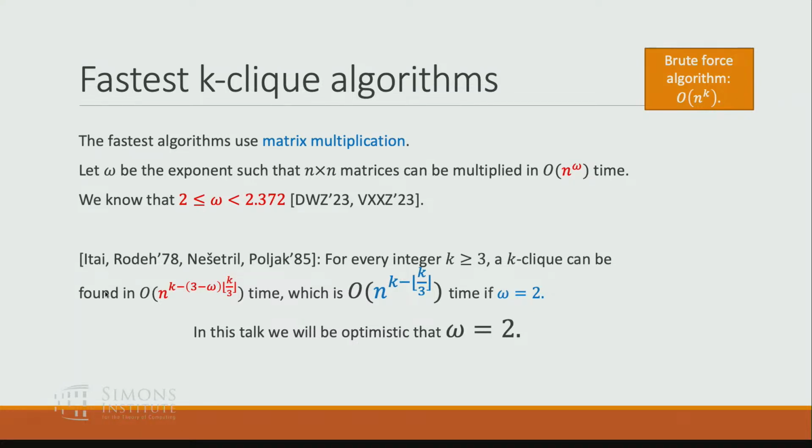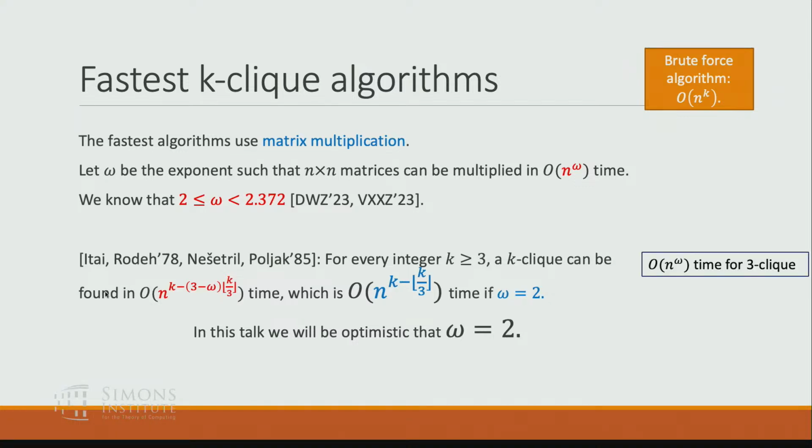We will use omega to denote the exponent such that n by n matrices can be multiplied in n to the omega time, which is known to be less than 2.372. Using fast matrix multiplication, k-clique finding can be solved in n to the (k minus (3 minus omega) times floor of k over 3) time. For simplicity, throughout this talk, we will assume that omega is 2. And when omega is 2, this running time simplifies to n to the k minus floor of k over 3.